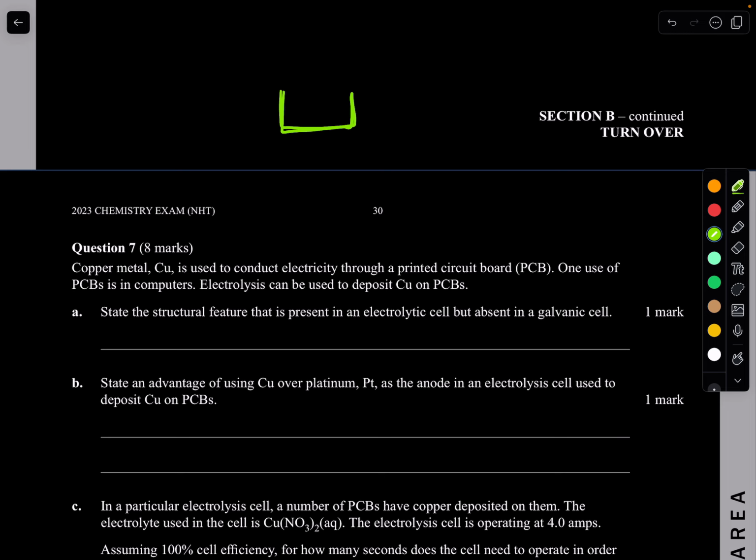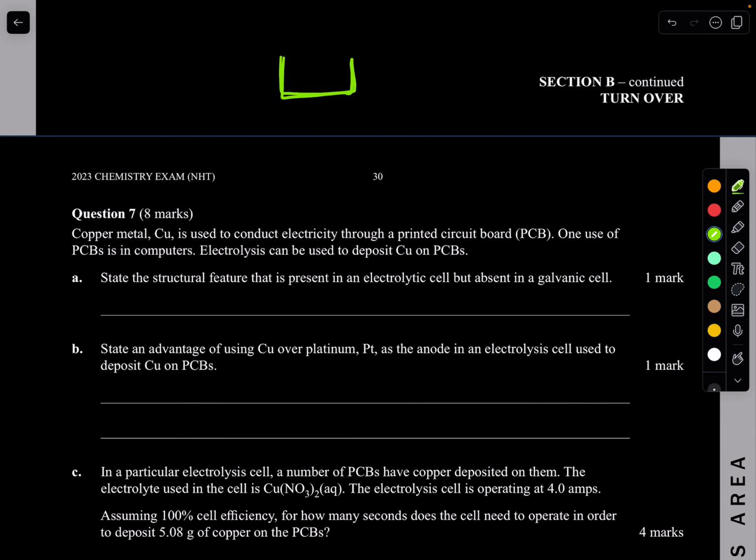And so we don't need a salt bridge. That is one of the most common things that an electrolytic cell does not have. Wait, state the structural feature that is present in electrolytic cells but absent in galvanic cells. Oh, I'm doing the opposite. I didn't answer the question because I thought it was the other way.